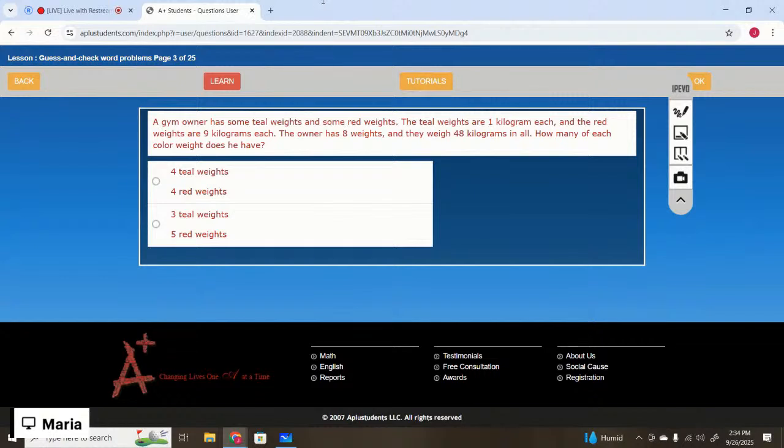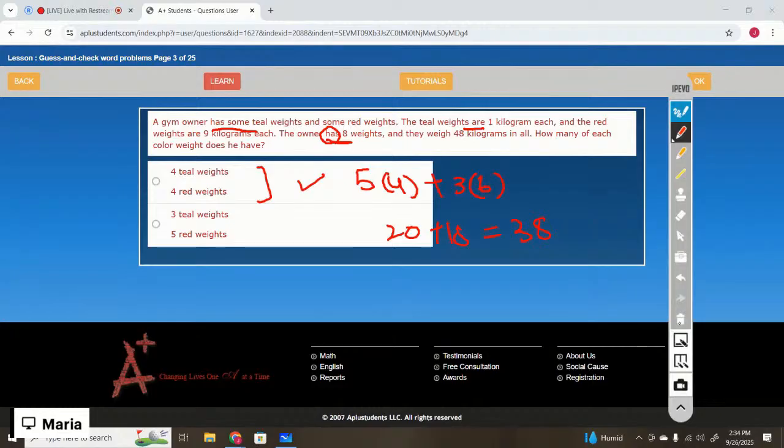A gym owner has some teal weights and some red weights. The teal weight is 1 kilogram each. The red weight is 9 kilograms each. The owner has 8 weights and they weigh 48 kilograms in all. So let's see if the first option is the correct option.